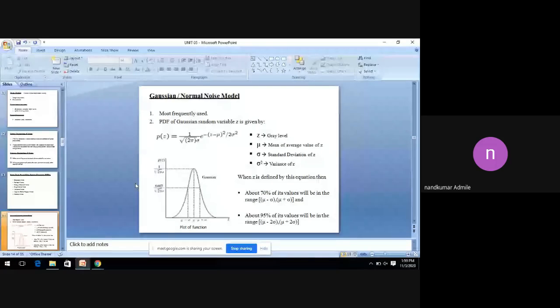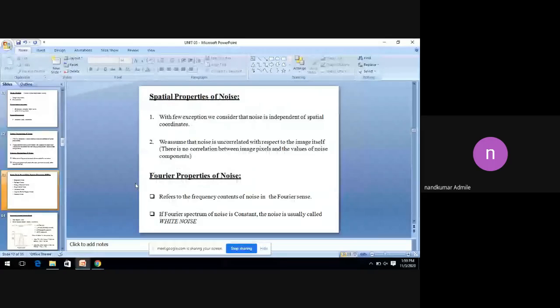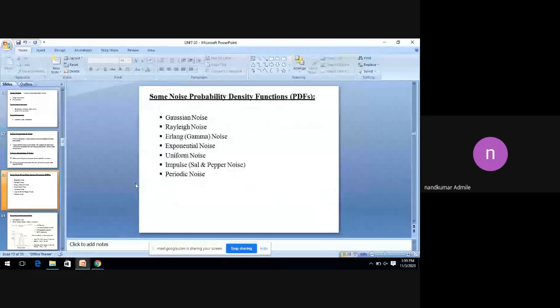Do you have any doubts in these four points of image restoration? Okay, I'll share the notes and PPTs of unit number 5.